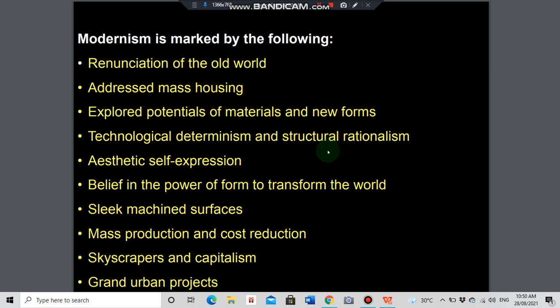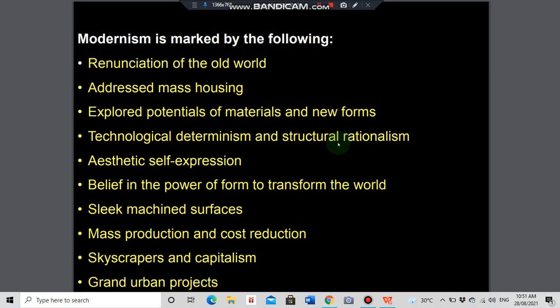Technological determinism from the word technological, that is innovation, and structural rationalism, wherein you can span longer, say for example, even your span is 20 meters, not just like noong unang panahon that very minimal yung span, and very massive yung wall.